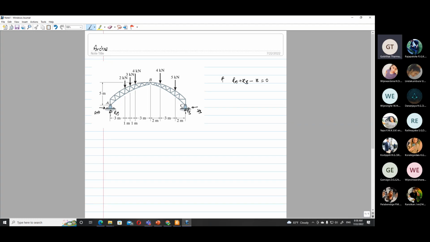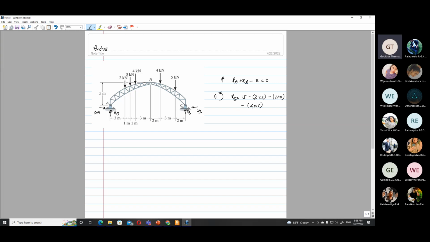And if you take moment about A, then RA and HA will cancel off, and HB will cancel off. So we can find RB. RB into the distance, 3 plus 1, 4, 5, 5 plus 3, 8, 10, 10 plus 3, 13, 15. RB into 15 minus 2 into 3 minus 3 into 4 minus 4 into 5.